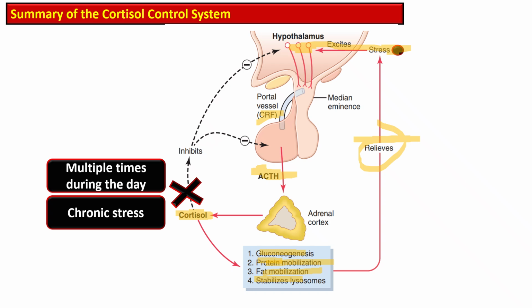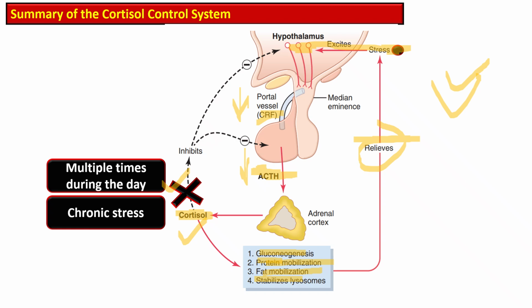So there is a check on this secretion of cortisol. High level of cortisol inhibits the CRF and ACTH by negative feedback control to prevent the excess secretion of cortisol. When stimuli of stress are present, they override this negative feedback, leading to increased or sustained cortisol level.